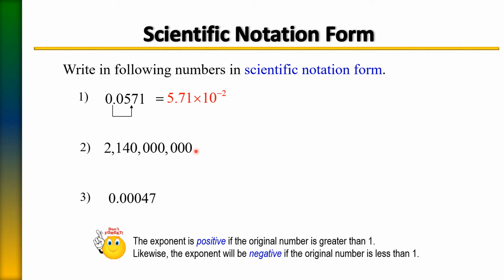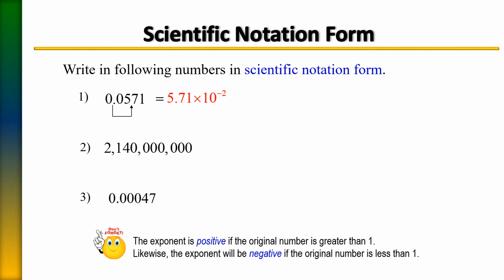Since the decimal is here in the back, we need to move to where it is a decimal between 1 and 10. So that's 3, 6, 9 places because now we're at 2.14, and that is a number between 1 and less than 10.